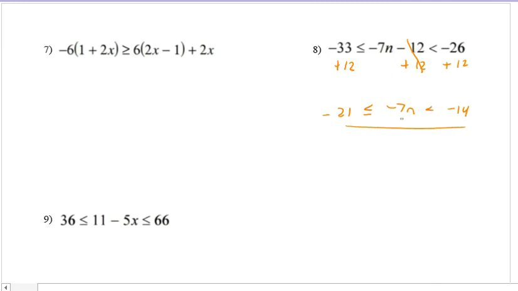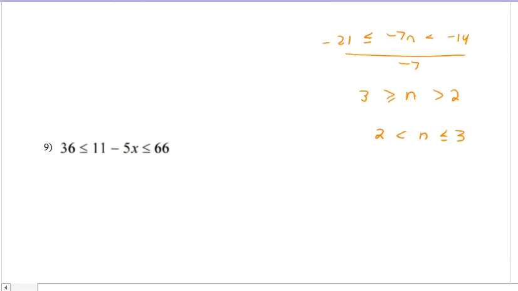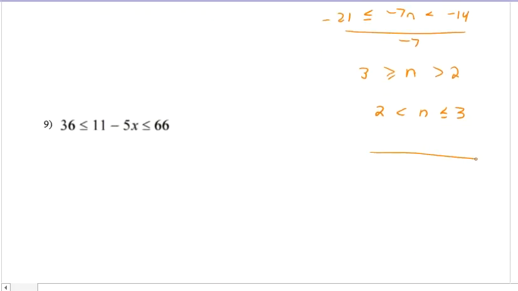I'm going to divide by negative 7. Again, because I'm dividing by a negative, I reverse the inequality sign. And so I always like to go from least to greatest. It looks weird to me to do it the other way, so I just flipped it around. And now we're going to graph it. So I'll have 2, and I'll have 3.